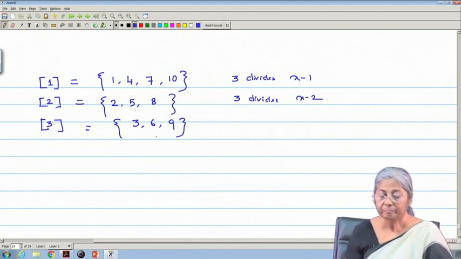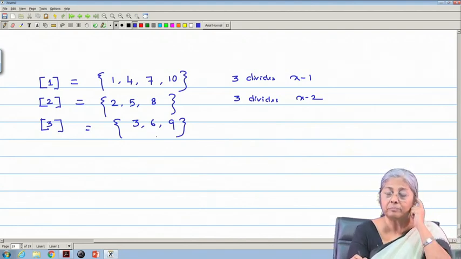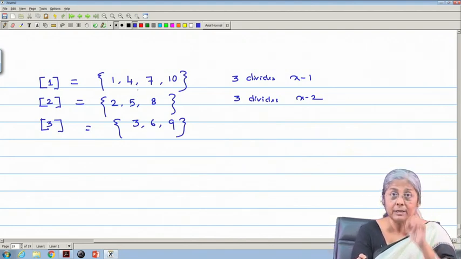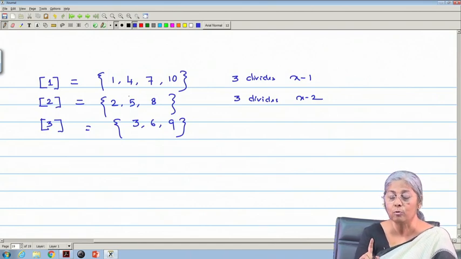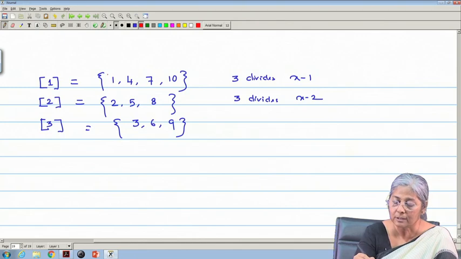And see, the way we have defined it, every element belongs to only one partition. If we consider, say here 1 is here, 2 is here.